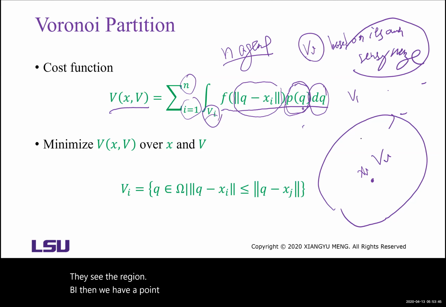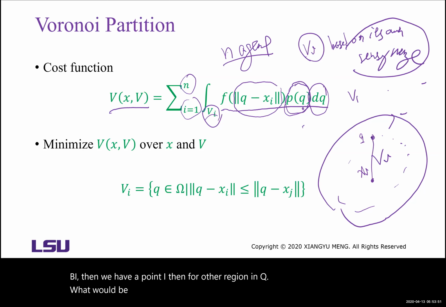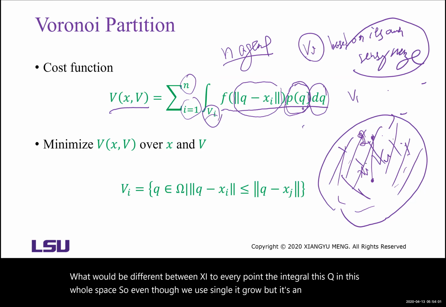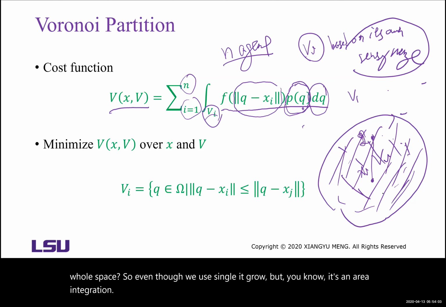For every other point q in the region, what is the difference between xi and q? Then we integrate over this whole space. Even though we write a single integral, it's an area integration, an integral over the area.